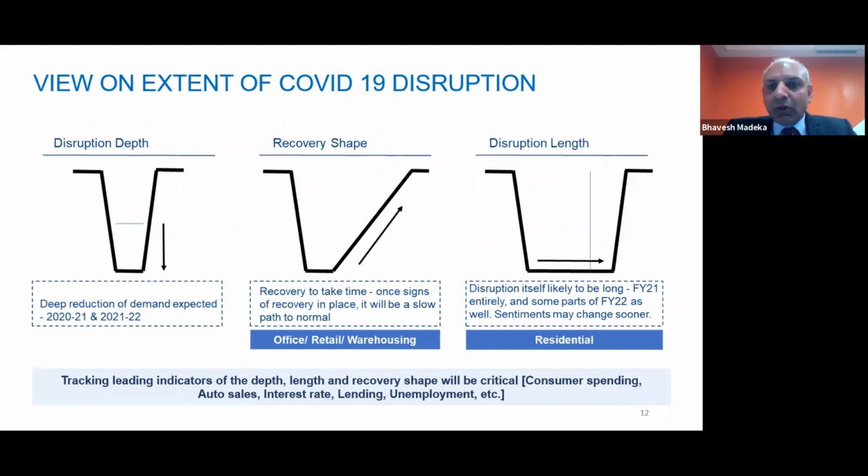But what we need to also see is how the consumer spending comes up over the next 1 or 2 years. Auto sales, interest rates continue to go down, lending, because that is also a key factor in our market, because the banking sector and the NBFC sector were going through the large NPAs and its impact on the markets per se. The 10-year treasury bonds are hovering around 6%.